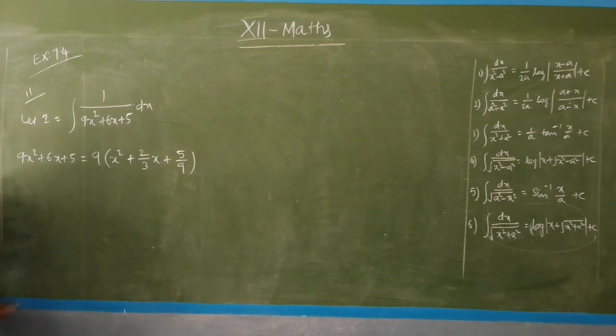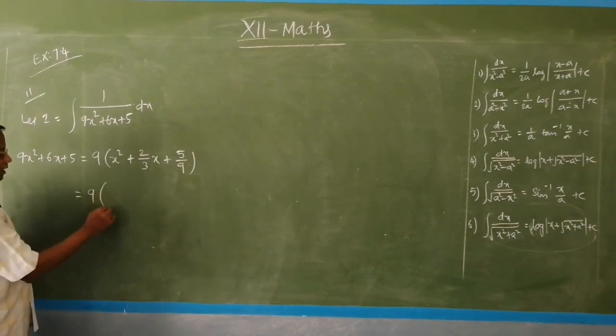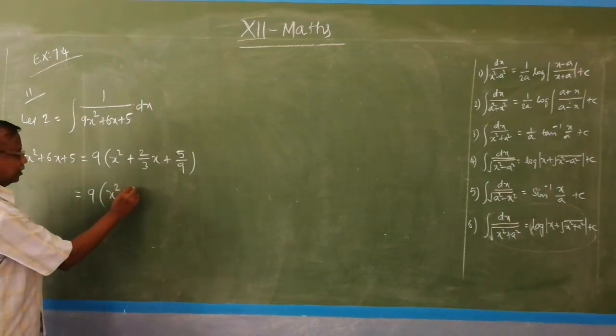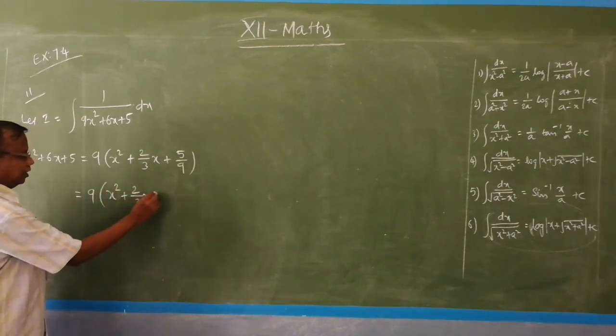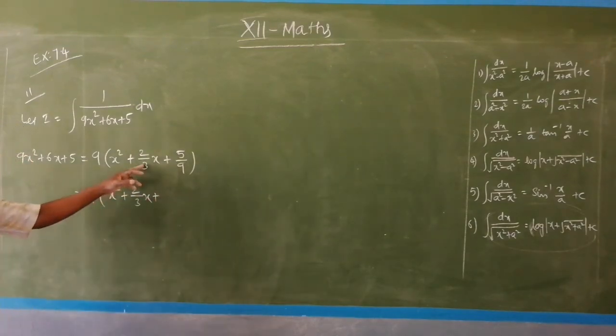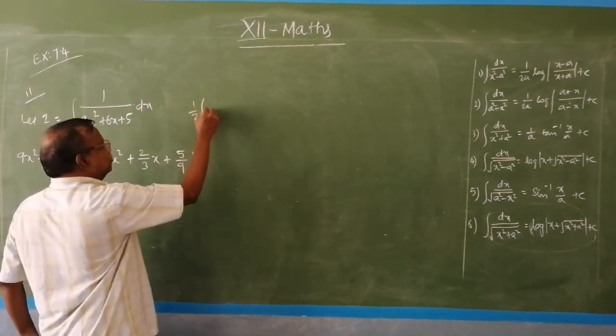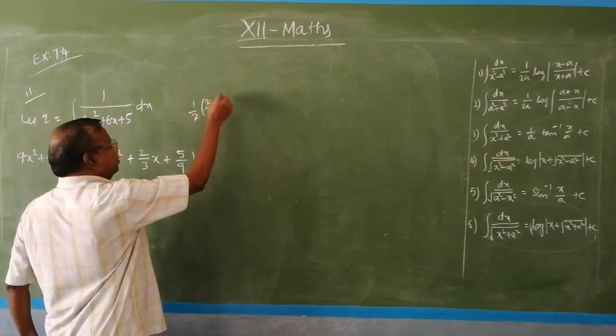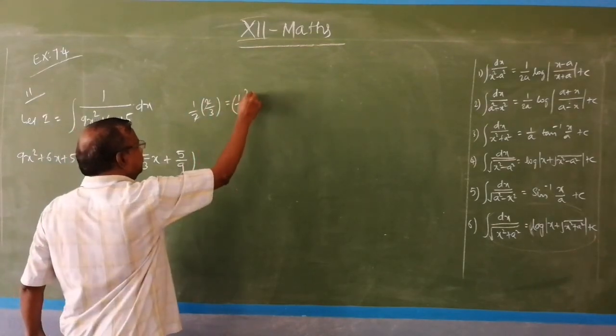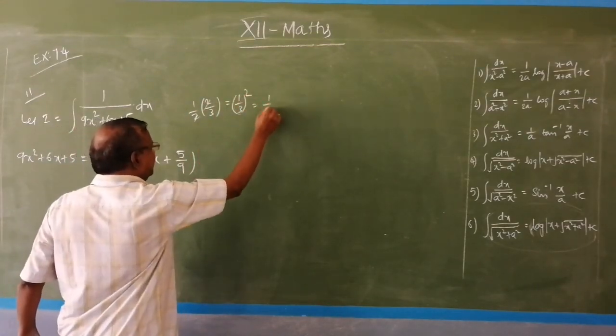So, I have taken out 9 and 9 into x square plus 2 by 3x. The half of 2 by 3 is 1 by 3. So, square of 1 by 3, half of 2 by 3 equal to 1 by 3, square of 1 by 3 equal to 1 by 9.